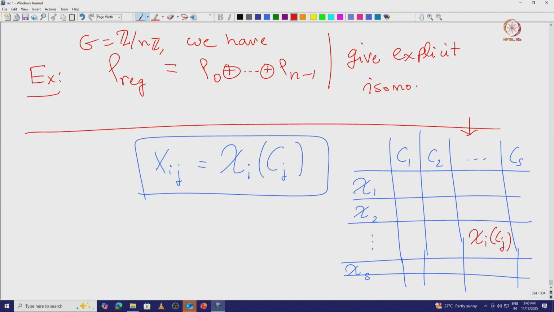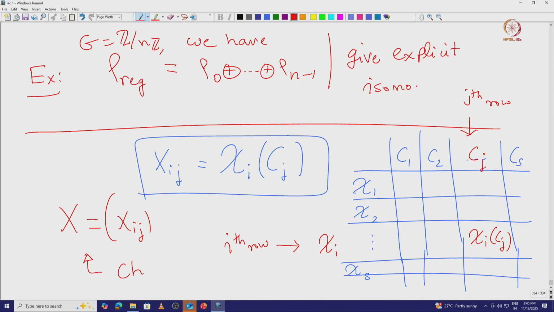Here is your j-th column, which is given by Cj, and here is our i-th row. This matrix X is called the character table.